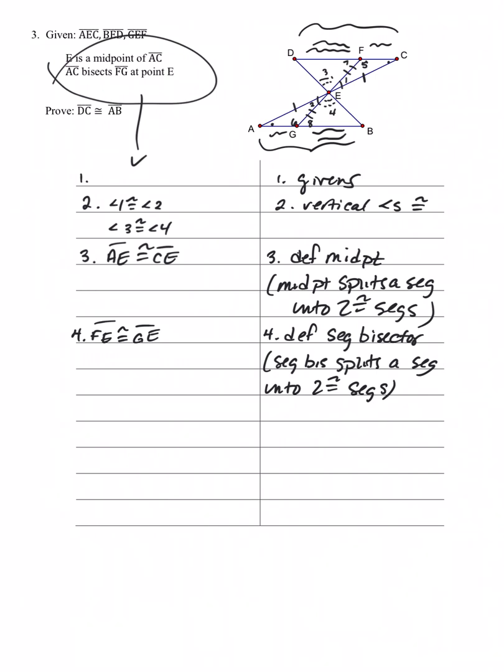All right, so now I'm going to put that those skinny little triangles are congruent. I'll outline them in yellow for you. So we have triangle AGE is congruent to triangle CFE. And you could see that the method would be side angle side.